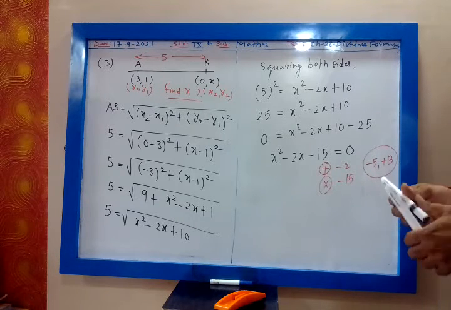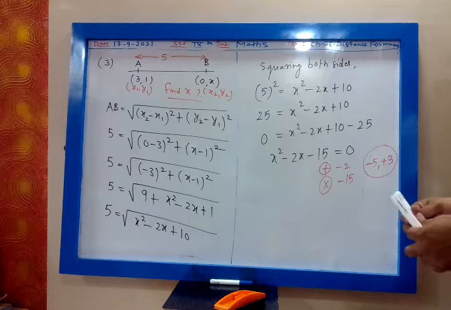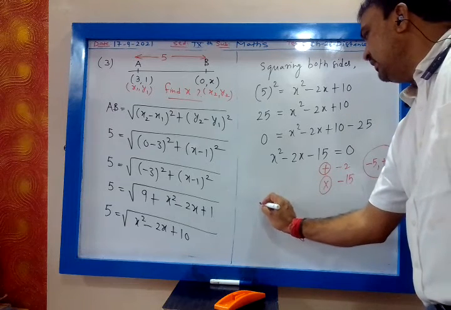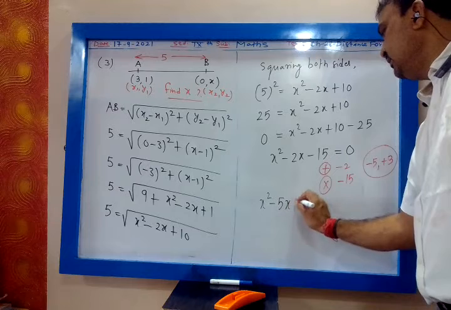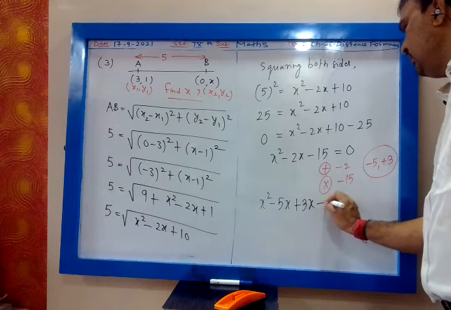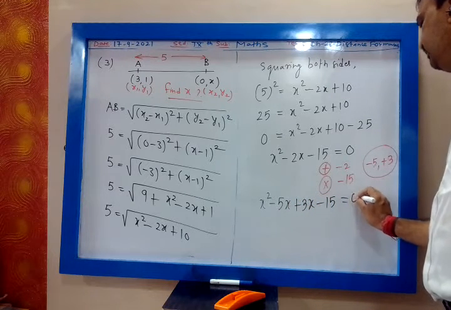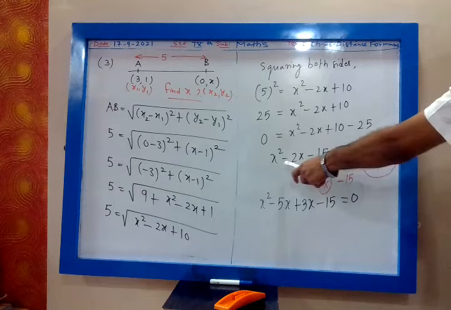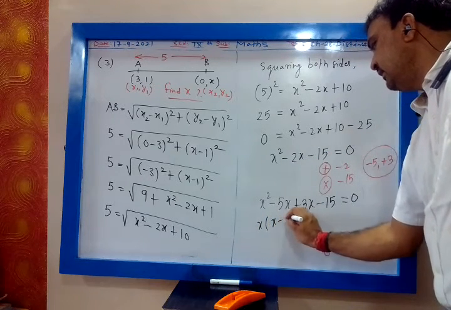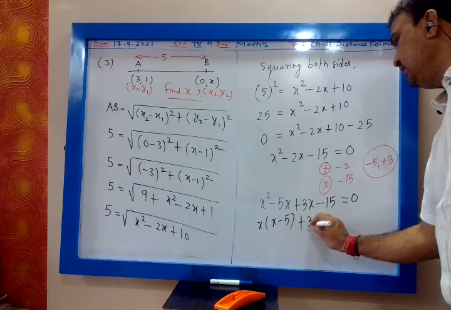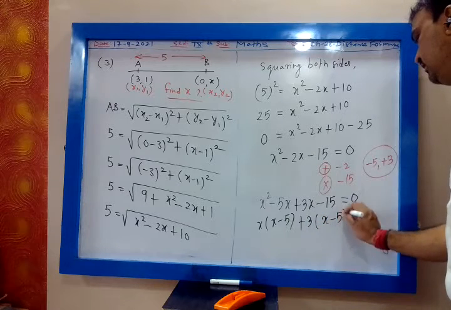When you add you get minus 2, when you multiply you get minus 15. So I can write x square minus 5x plus 3x minus 15 is equal to 0. So x into x minus 5 plus 3 into x minus 5 is equal to 0.